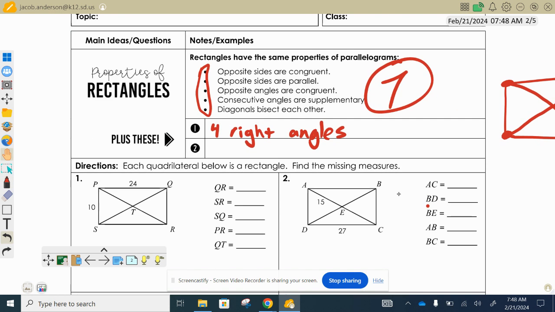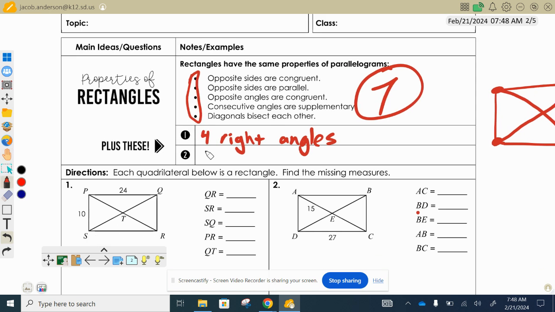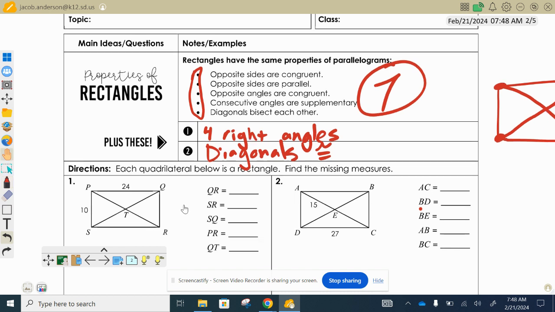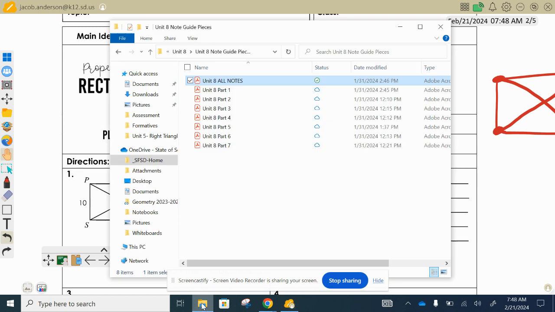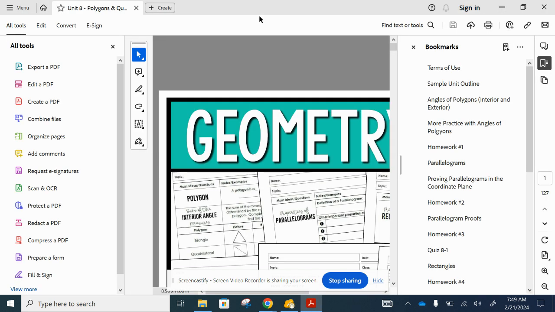So that's the second of our two new properties for rectangles only: diagonals congruent. So now we've got two more properties, a total of 9 properties, and all 9 of those would be possible to use in any of these problems that we're going through today.